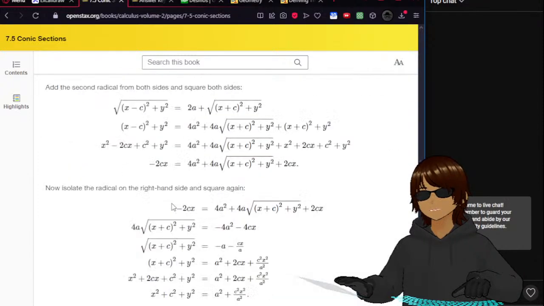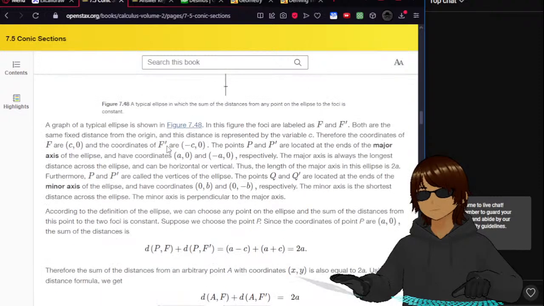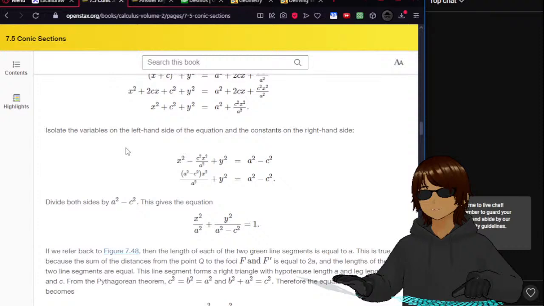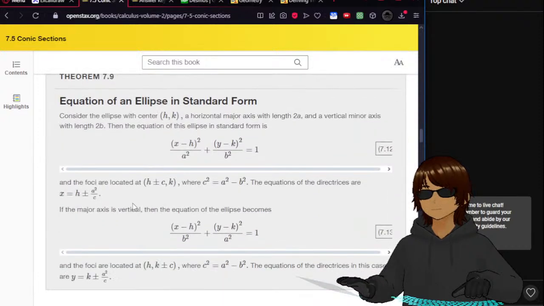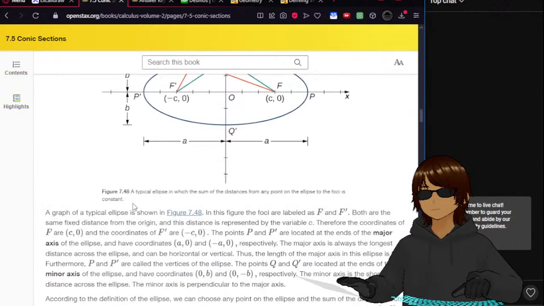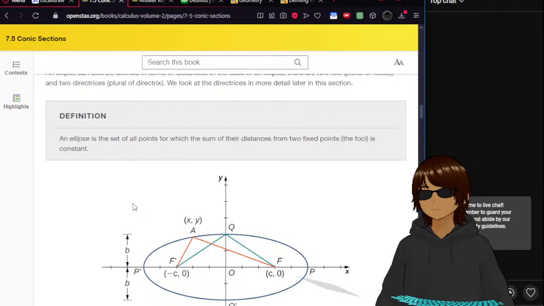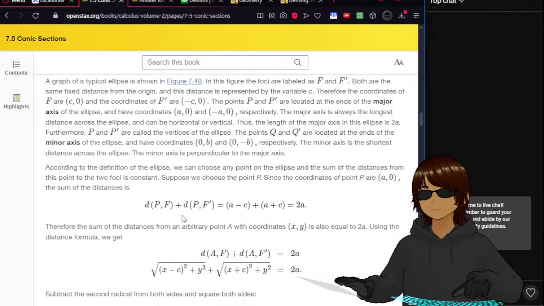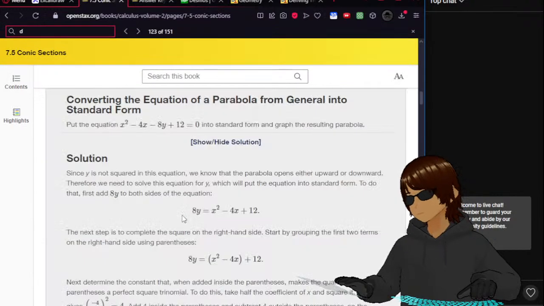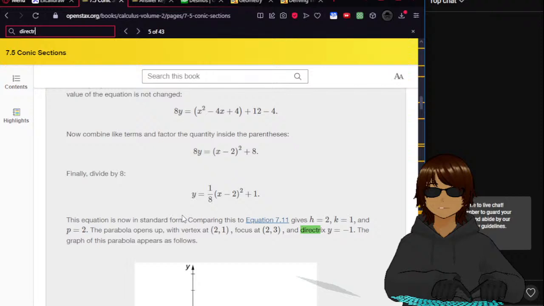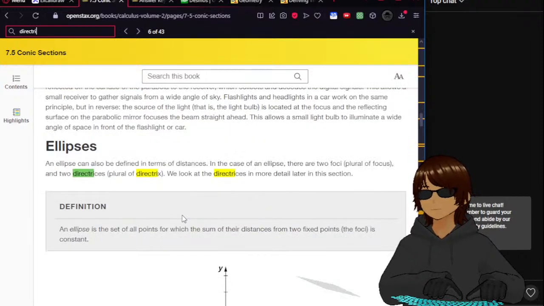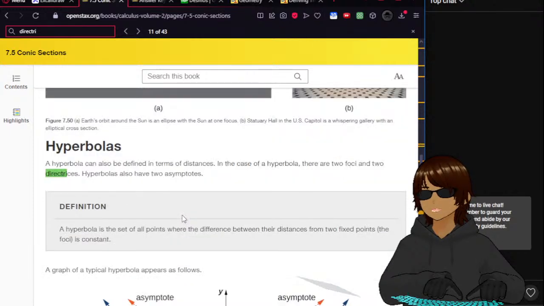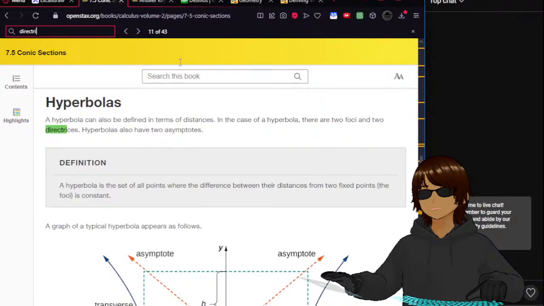What's the directrix of an ellipse? I don't understand what it means by directrix of an ellipse.